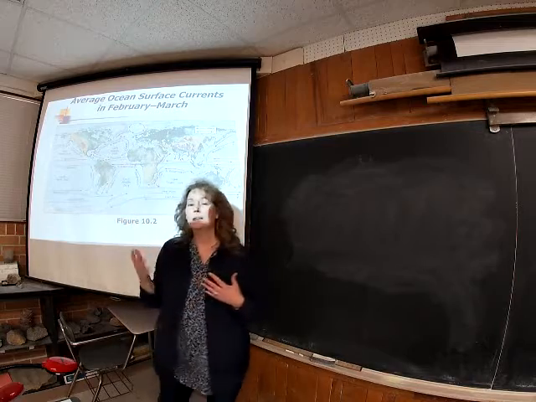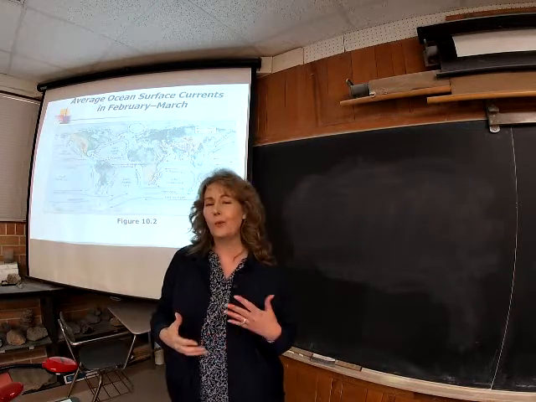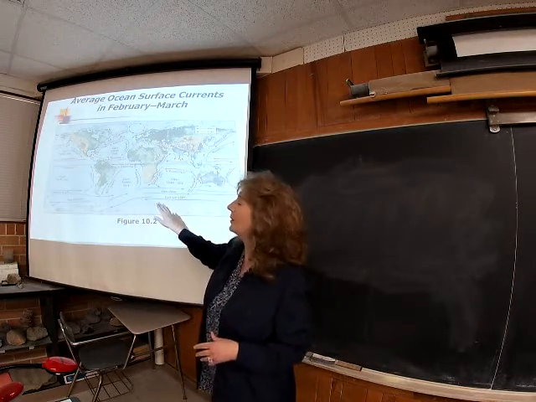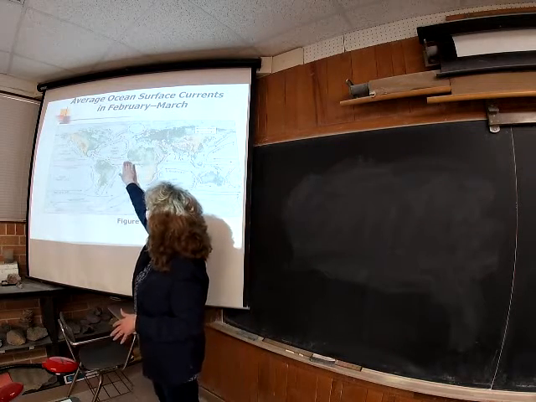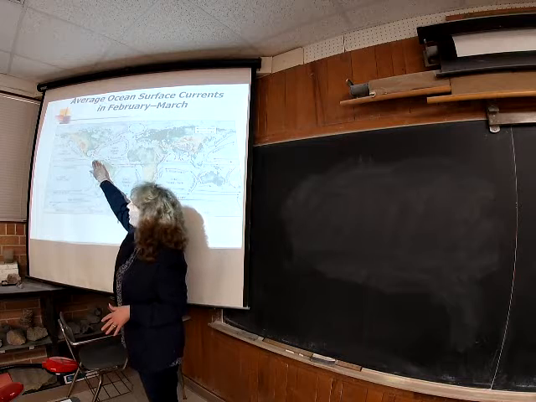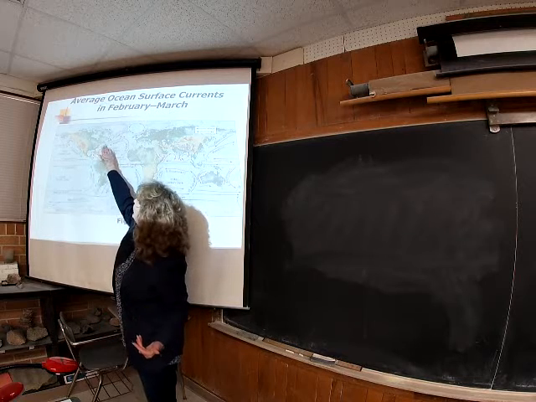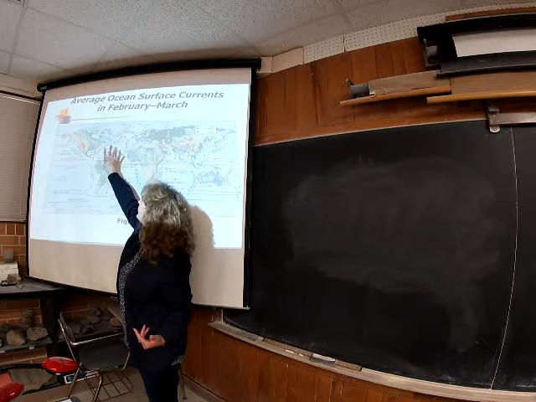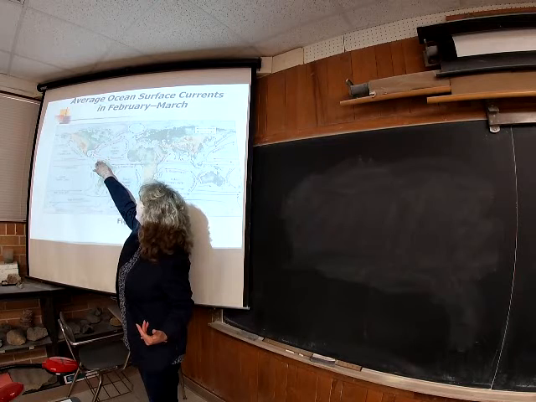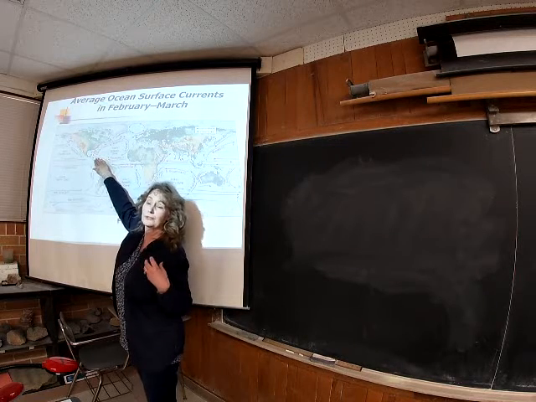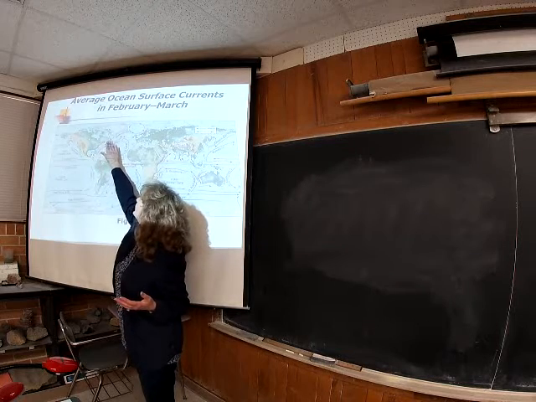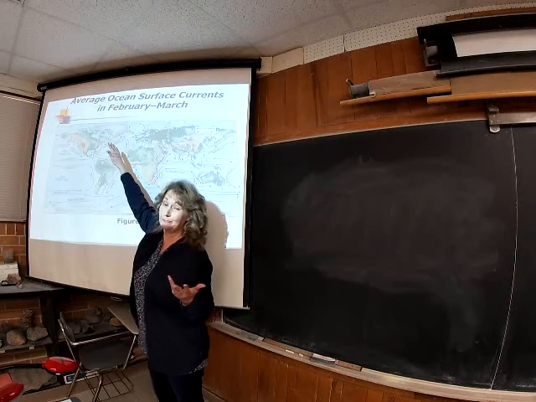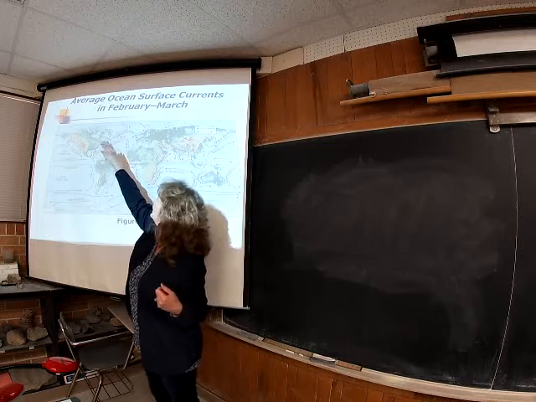The red colored arrows are warm currents. The blue are cold currents. As you can see here, we've got the warm Gulf Stream current flowing towards the north, out here in the Atlantic, bringing the warm waters from the equator and moving them upwards towards the north, where, the closer you get to the poles, the colder it is.